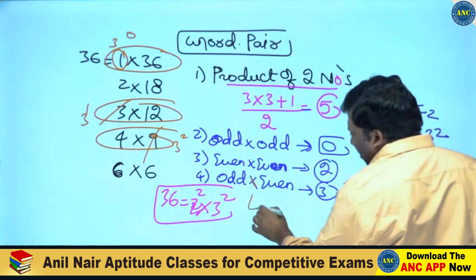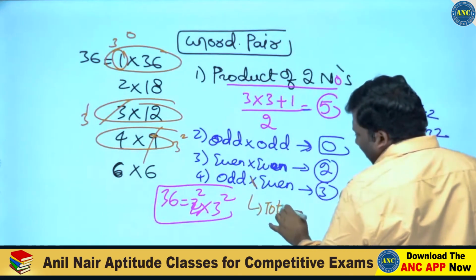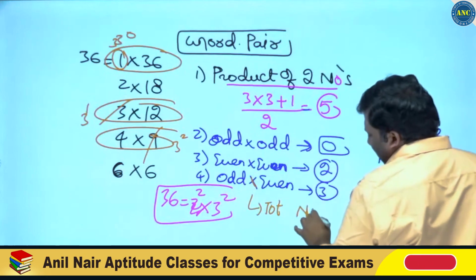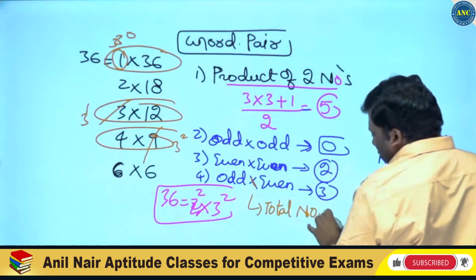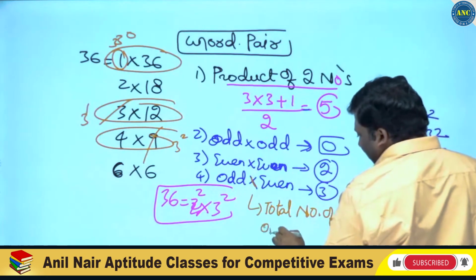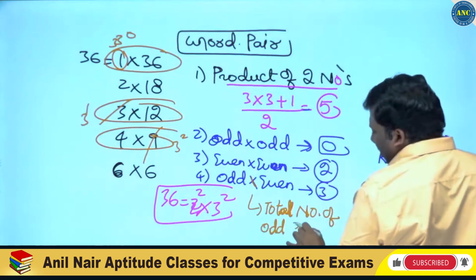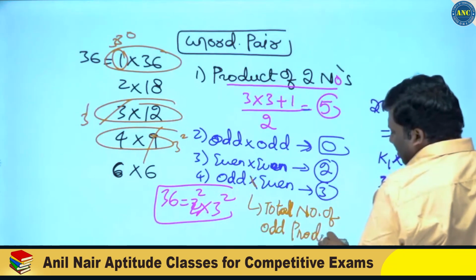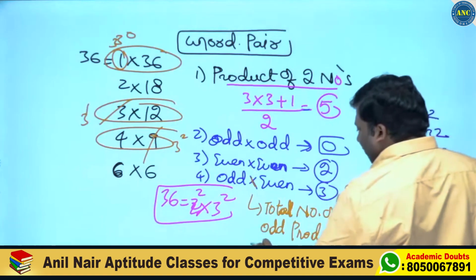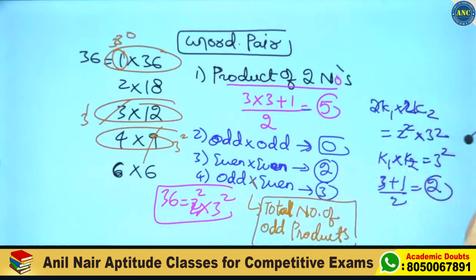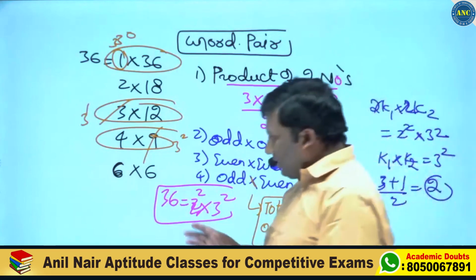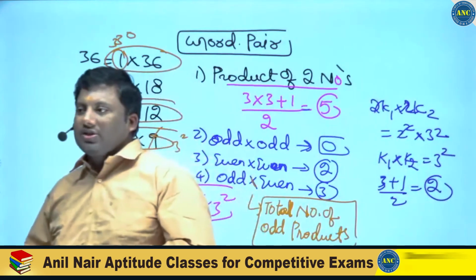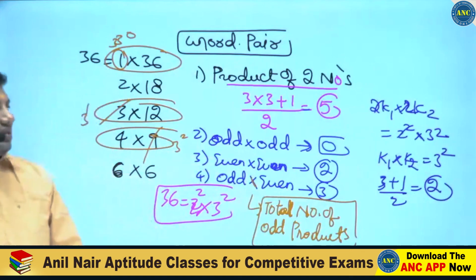It is equivalent to the total number of odd factors. Odd into even can also be written as the total number of odd factors. I wanted to explain that concept to you. That is the reason I discussed this one.